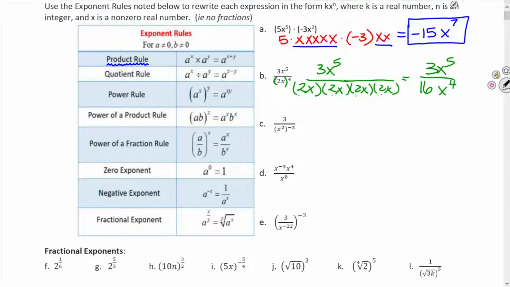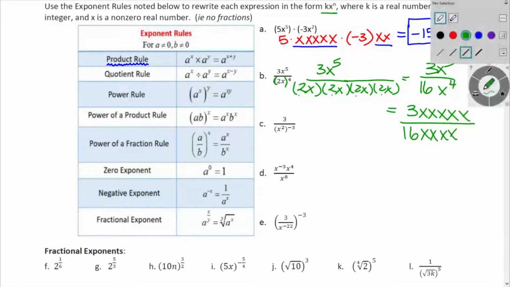Now I want to keep going with this to write it in the form of k x to the n. That's my end goal. But I'll also do it in a way that shows the quotient rule. So in the numerator, I have 3x to the fifth, and x to the fifth means x times itself 5 times, divided by 16x to the fourth, but x to the fourth means x times itself 4 times.